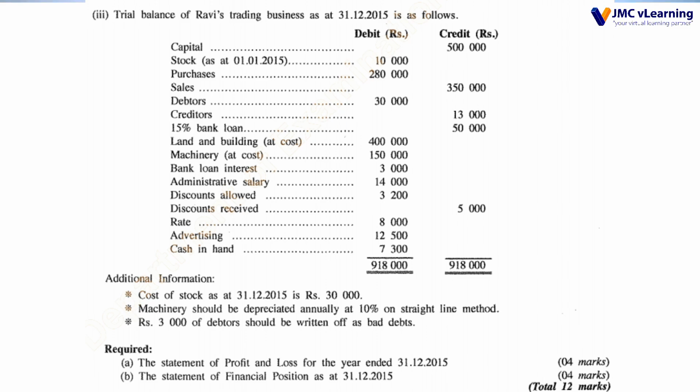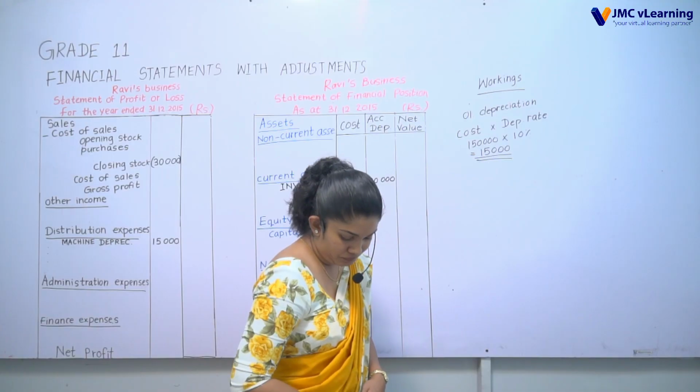So we can record this immediately, and above machinery you can see land and building at cost. That is also a non-current asset. Therefore, we can write both of these entries at once.